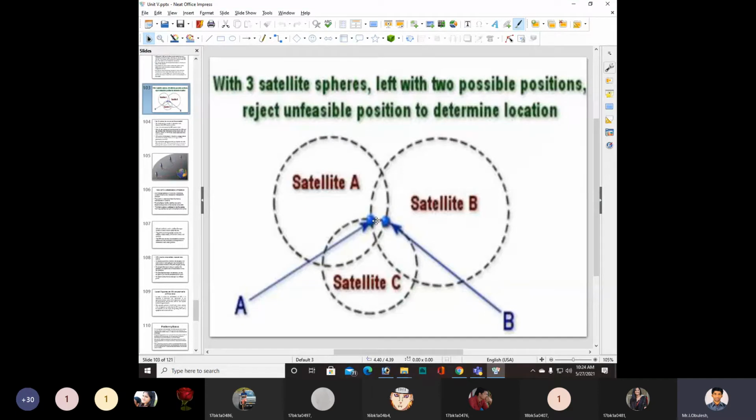Here we have 2 points, A and B. With 3 satellite spheres, we are left with 2 possible positions. You need to reject the unfeasible position to determine the location.